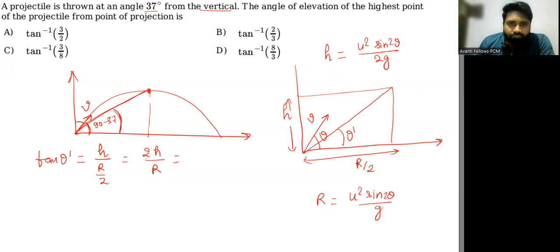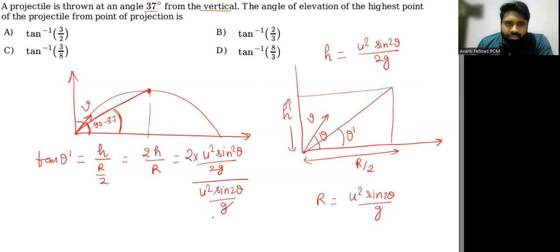Okay. Now put the value: 2 into u square sine square theta by 2g, divided by the value of R, u square sine 2 theta by g. g and g will cancel out. u square and u square will cancel out. The only thing remaining is 2 sine square theta divided by sine 2 theta.